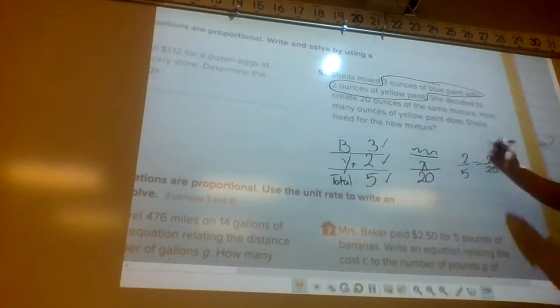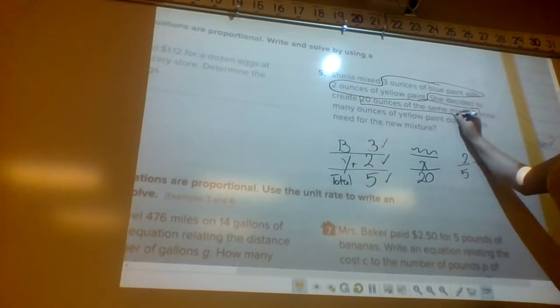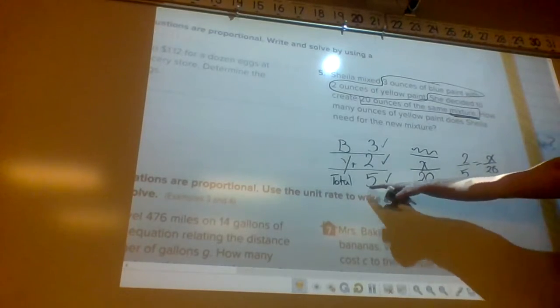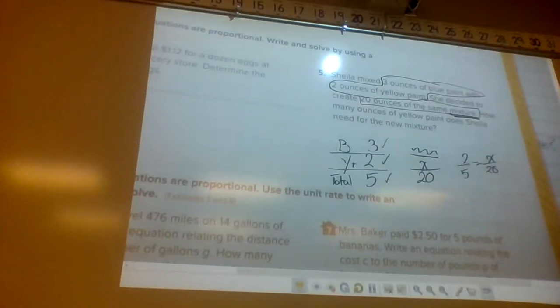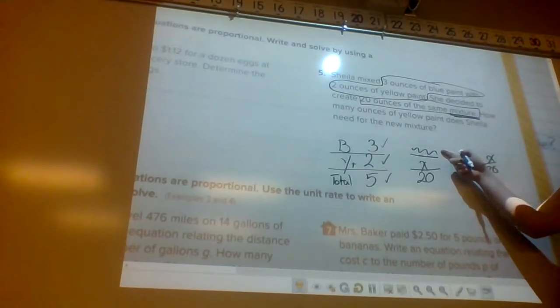On this side, she has 20 ounces of the same mixture. Here's your key word: mixture. Does that mean blue, yellow, or both blue and yellow? Both. That's how we need to put it on the total, or the both. Now the other one has to have a variable. Does it say anything about how much total blue she has?